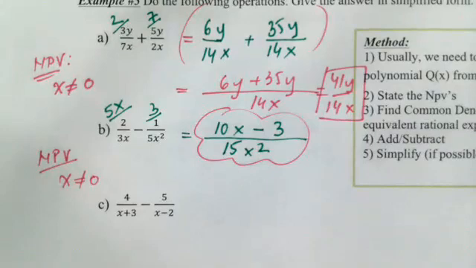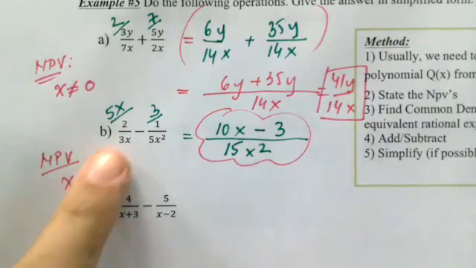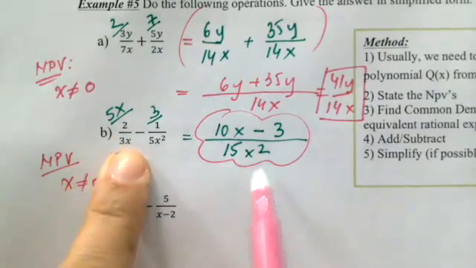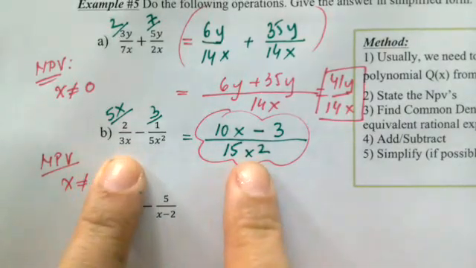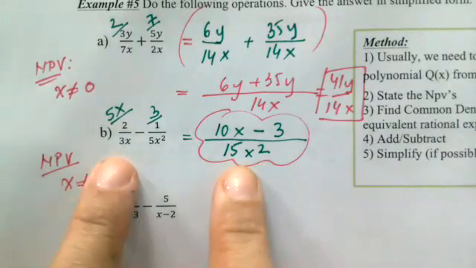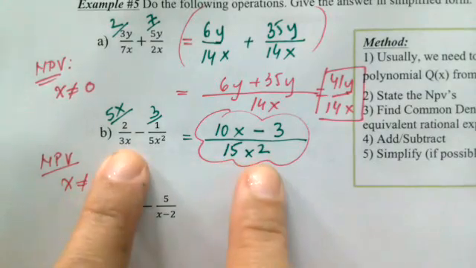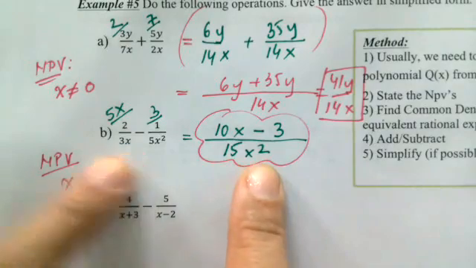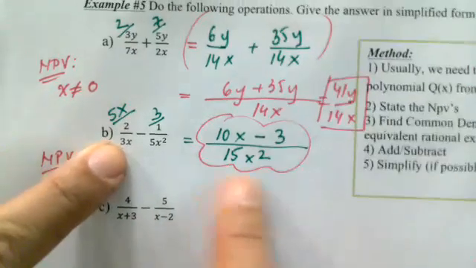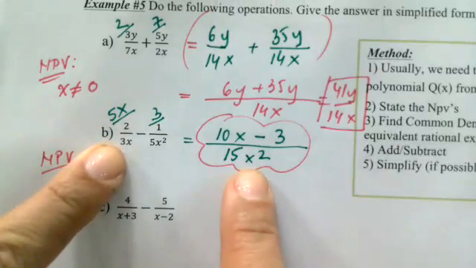Got 5x, times 5. Because from 3x to 15x squared, our lowest common multiple, you have to times it by 5 to get the 15 and by x to get to x squared. So 5x. So when I do 5x times 3x, that's how I'm getting the 15x squared.